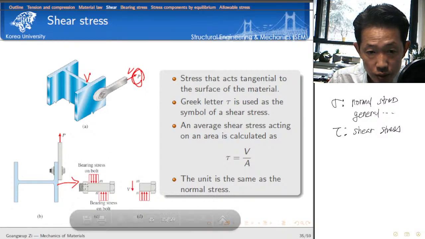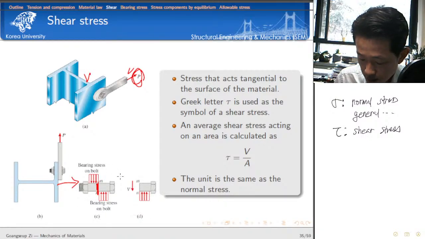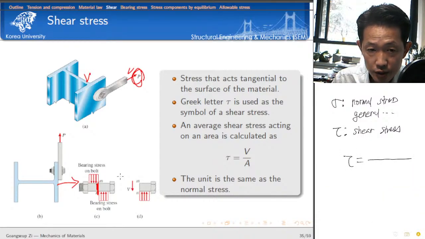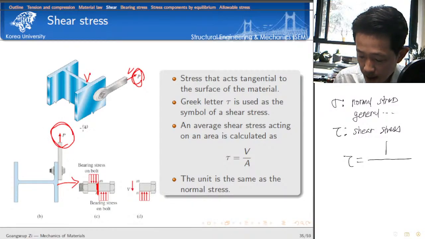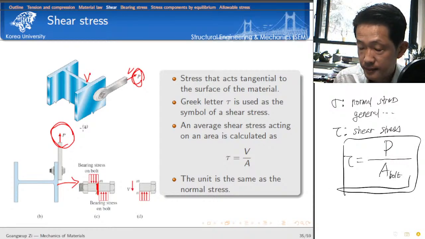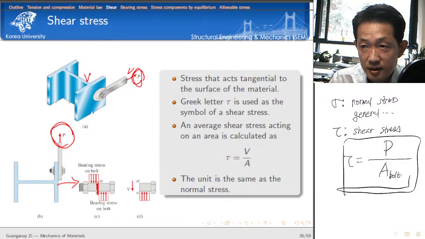First we have to consider the cross-section area of the bolt, and then the shear stress is tau. What is the shear force here? The shear force is P, divided by the area of the bolt, the shear area. And that's how we calculate the shear stress. Is it clear? Do you have any questions about the definition of the shear stress?